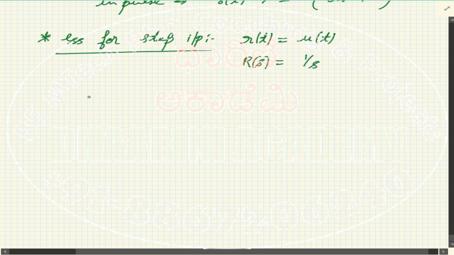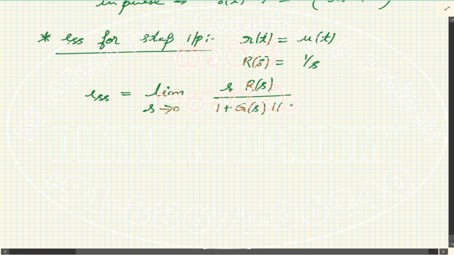Just now we calculated the steady state error in terms of the Laplace transform. This is limit s goes to 0 of s into r of s, whole divided by 1 plus g of s into h of s. This is the equation we just obtained to calculate the steady state error.